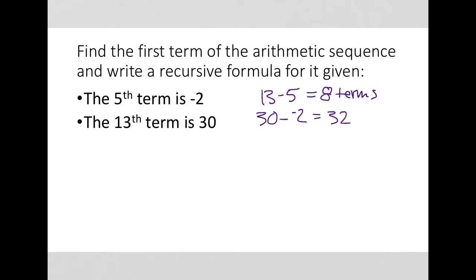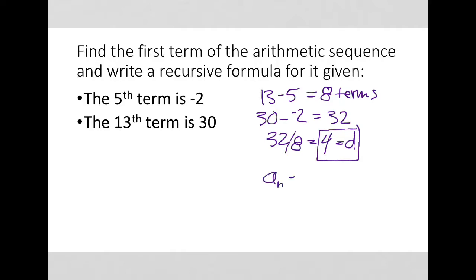We've increased by 32, and so 32, the value of our increase, divided by 8, the number of terms, will give us 4 as our constant difference. We're increasing by 4 each time.